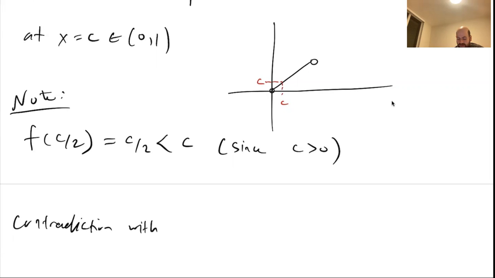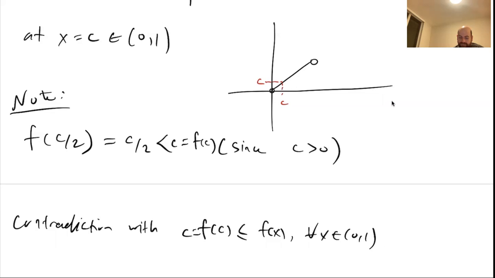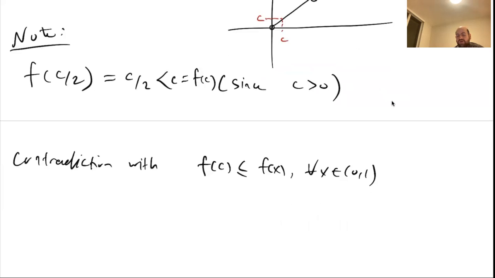what I assumed. I was supposed to have f of c being the least number among all the outputs. f of c, which is c, must be the least output compared to all outputs.